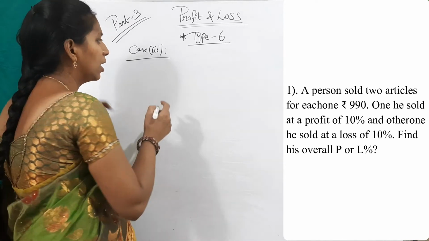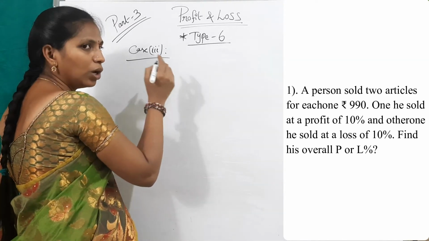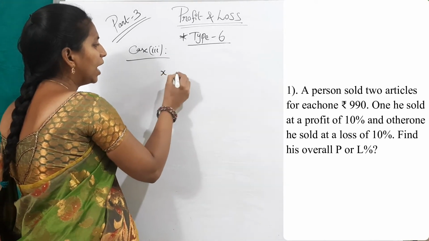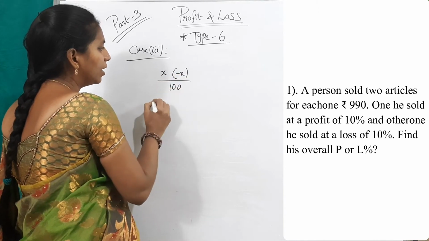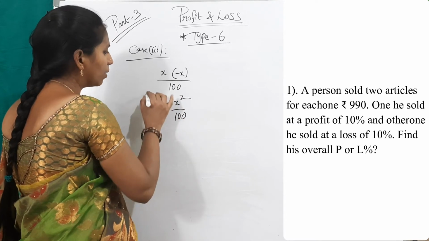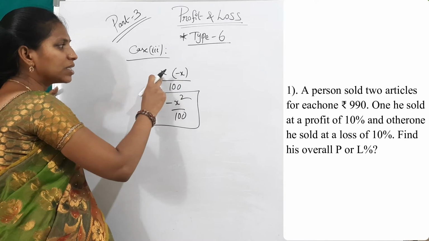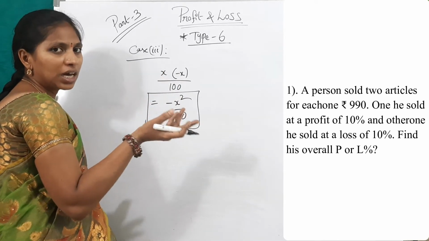Formula is profit value into loss value by 100. Suppose here x into minus x by 100, that equals minus x square by 100, is the formula. Here x into x means the profit percentage and loss percentage are both the same.